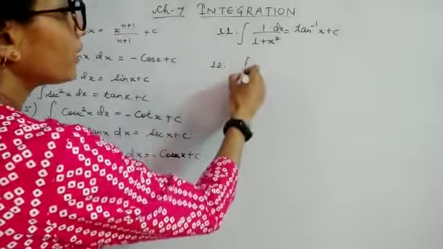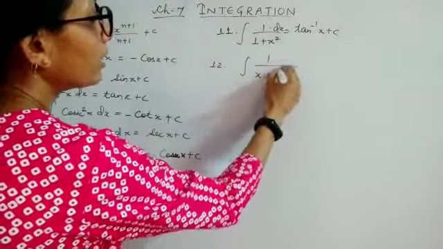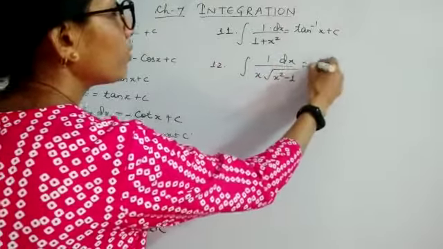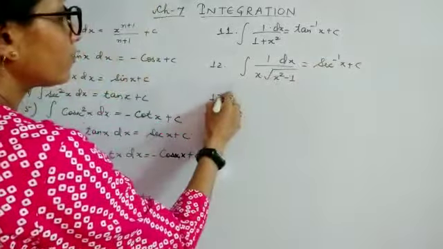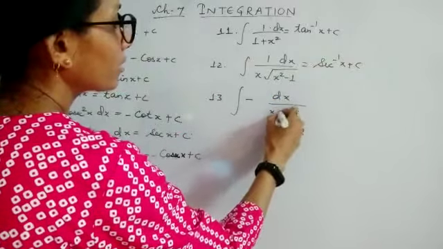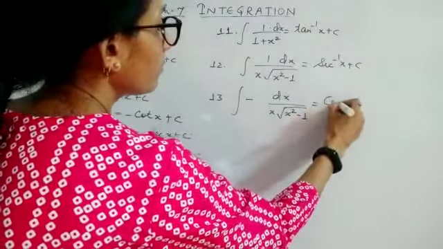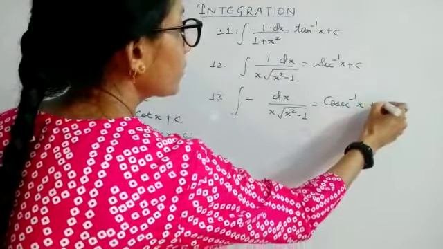Next formula, integration of 1 upon x under root x square minus 1 will give you the formula for sec inverse x plus c. And if it is minus dx upon x under root x square minus 1, then this will be the formula for cosec inverse x plus c.